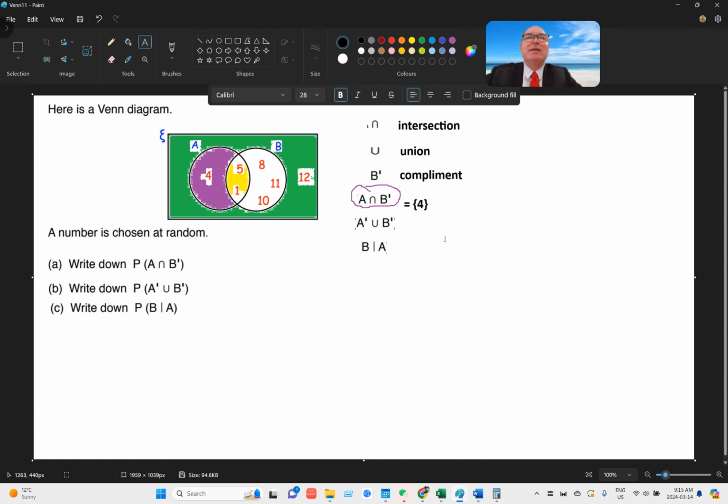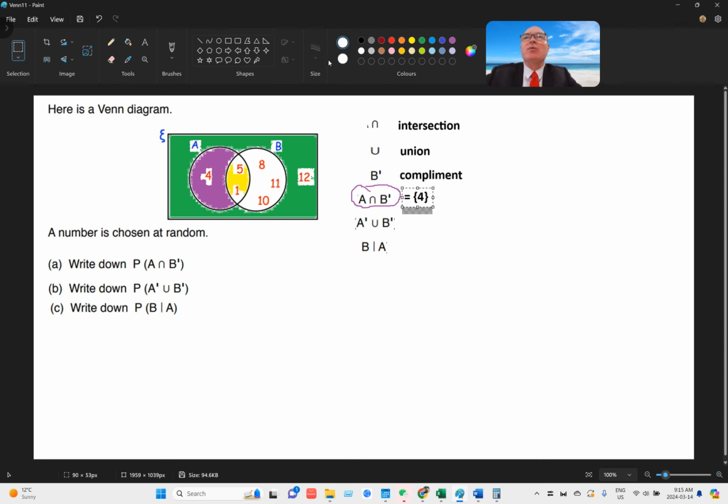Hold on a second. Let's move you up, get you out of the way there. And we're going to fill this in white. I need white, white, white, and now look at this one.